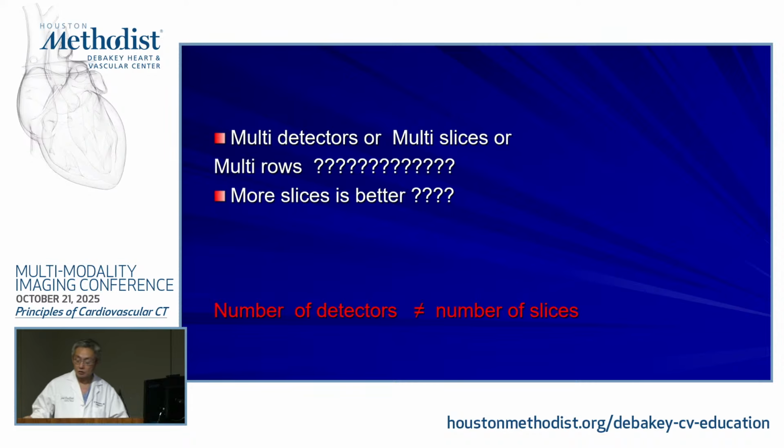Our scanner, dual source CT, if you ask a manufacturer, they'll tell you we actually have 384 slices. So how is that possible, right? Actually, what they're telling you is they have 96 detector rows in each source, okay? So they added 96 plus 96, 192.